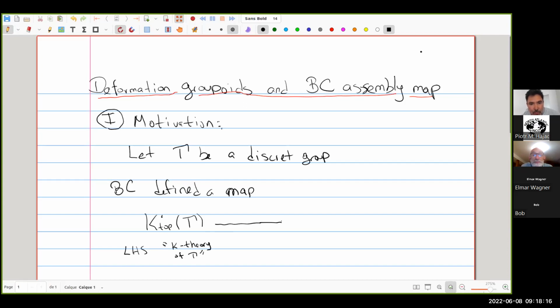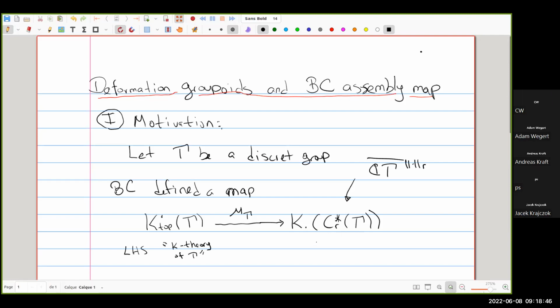And so they define a map, called the assembly map, that depends on the group, to the K-theory group of the C-star algebra. For this talk, let me take the reduced version. There is a C-star algebra associated to any discrete group, which is a particular completion of the group algebra, called the reduced C-star algebra.